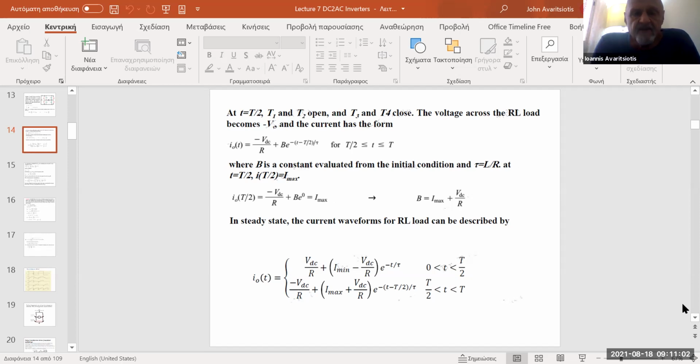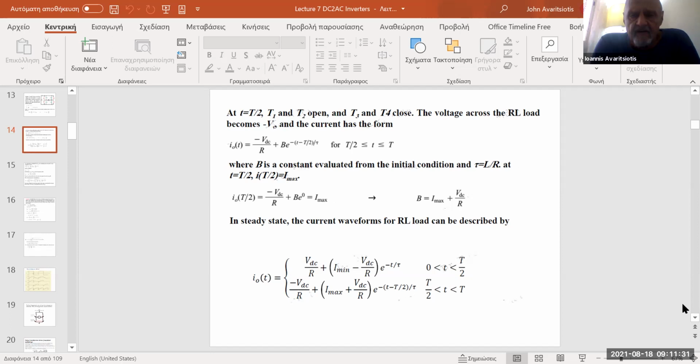And this is valid for the time slot between half the period and up to the end of the period, capital T. Again, a new constant, capital B, appears, as you can see in the formula, and again, the value of this constant can be calculated from the initial condition.